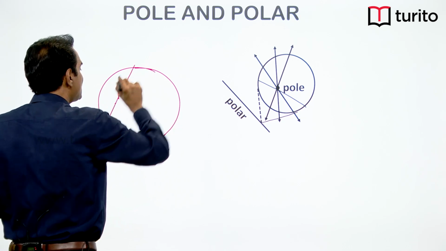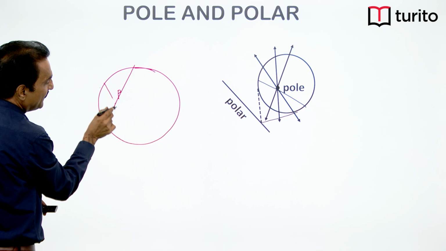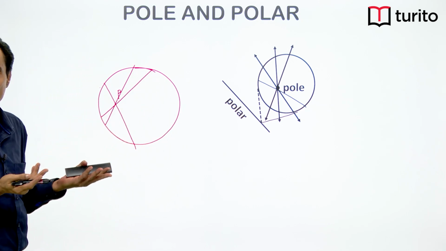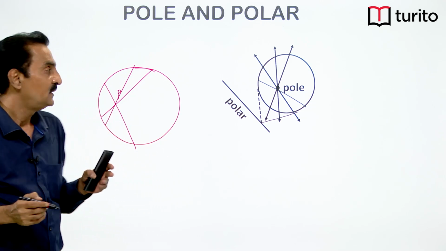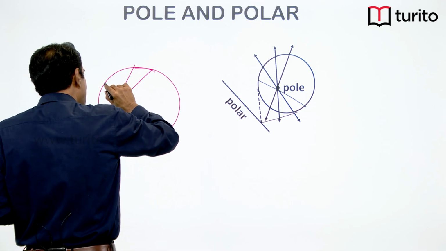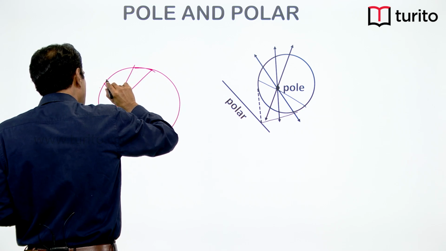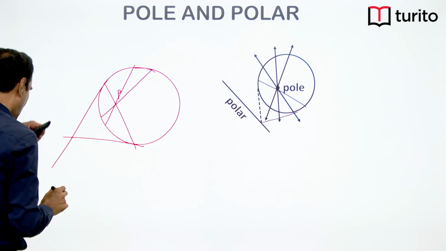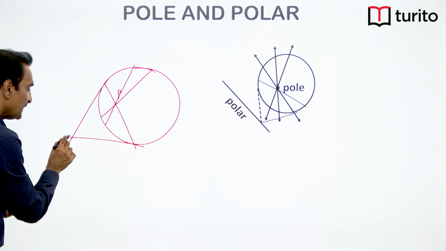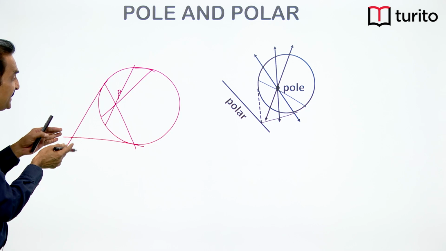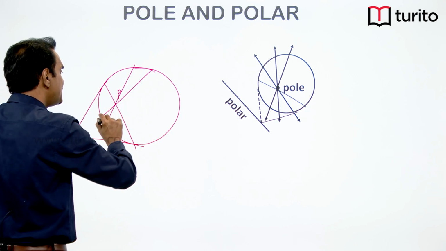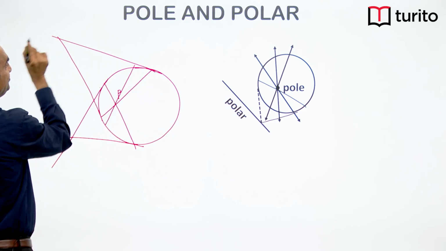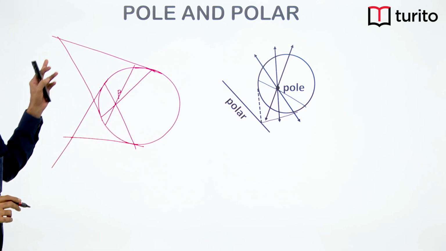Draw different chords passing through the pole. Through a given point we can draw many chords. For each chord, draw tangents at the ends of the chord. These two tangents intersect at some point, and again for this chord, tangents intersect at some point.